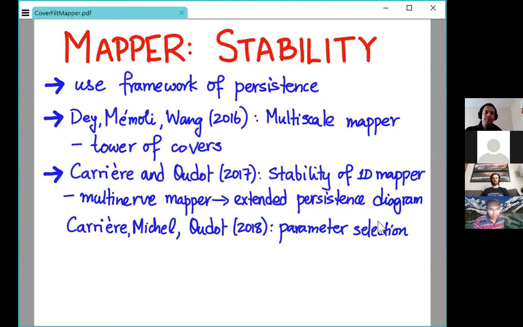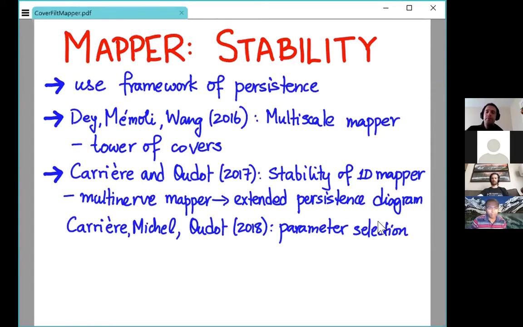The other bigger couple of papers that I want to mention here is by Carrière and Oudot, who gave a fairly comprehensive study of the stability of the 1D mapper. Their notion also was to consider what is called a multi-nerve mapper, again, some sequence of covers, intuitively speaking.